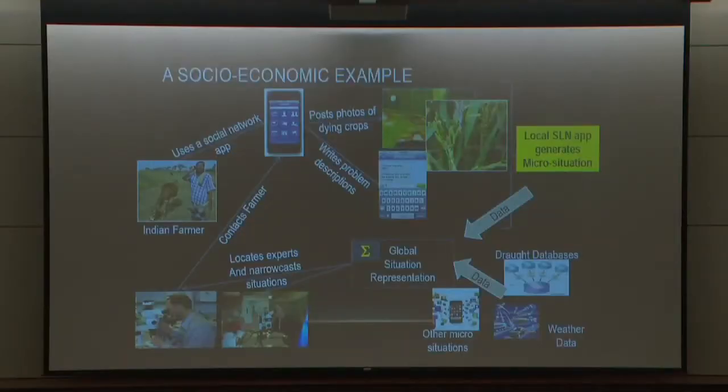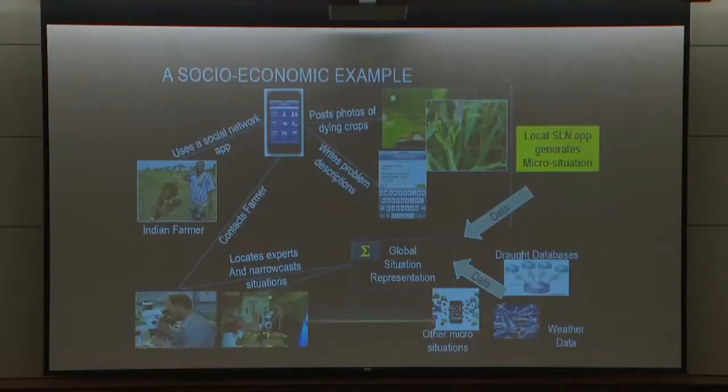Every day or every other day, they have new reports of what's happening to the crops, images, postings. Now, let's pretend that there is something which takes this and says, we really have an evolving situation here. Something is going wrong with this guy's agriculture. That data is assimilated into a situation, and it's fed into some global situation representation.